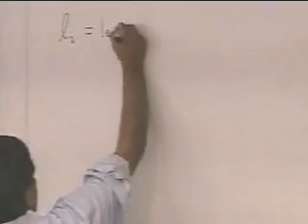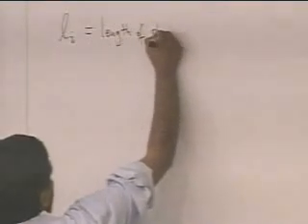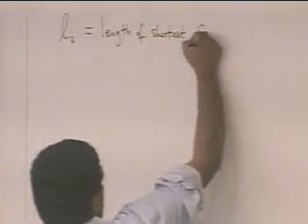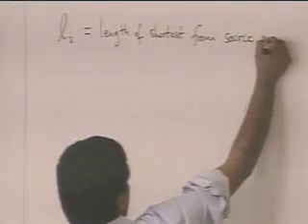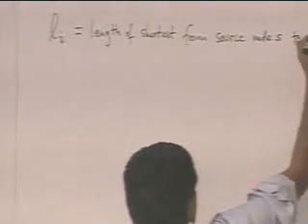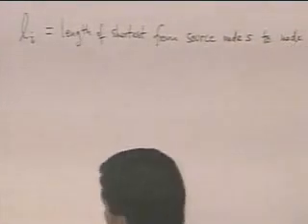This is what it's up. So if L sub I, what is that equation up there saying? If L sub I is the length of the shortest path, to be very specific, from a source node S to node I, then this L sub I satisfies this recursion.